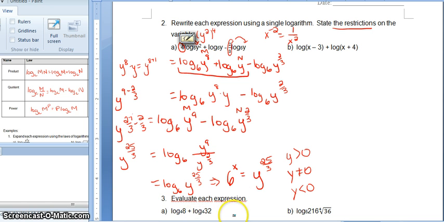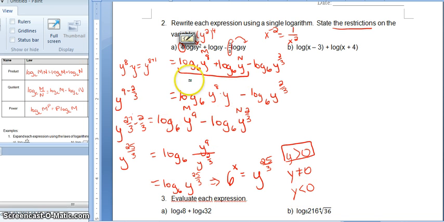It could be possible if we had negative 6, but no matter what exponent you raise 6 to, you will never get a negative value for y. So that means our only possibility is that y has to be greater than 0. No exponent will ever give us 0 or a negative number.